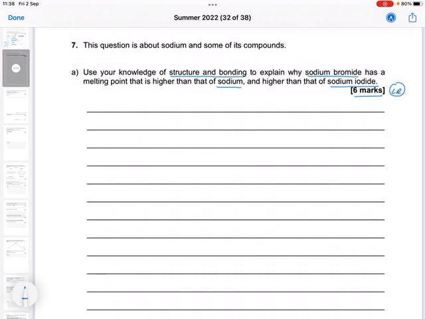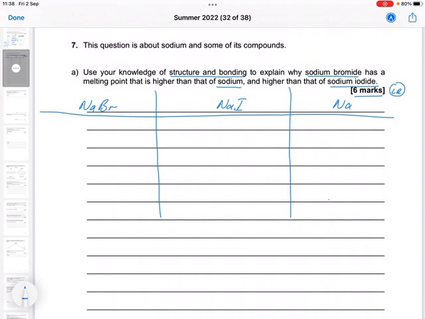Best way to tackle these questions really is to do it in a table and then compare them at the end. So let's have sodium bromide over here, and then we'll have sodium iodide over here, and that's just because they're both ionic. And then we'll have sodium over here. I can always extend the table further, but we'll see how we get on with this.